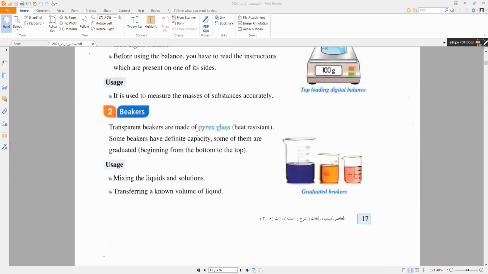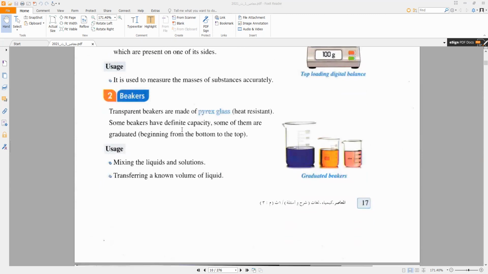Number two, beakers. First, we must know the beakers. They are made of vials. The vial is characterized by resisting heat, resisting high temperature.